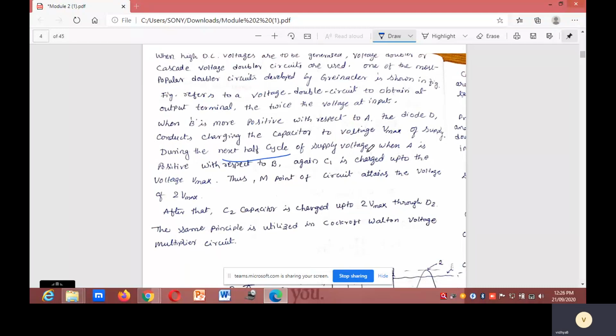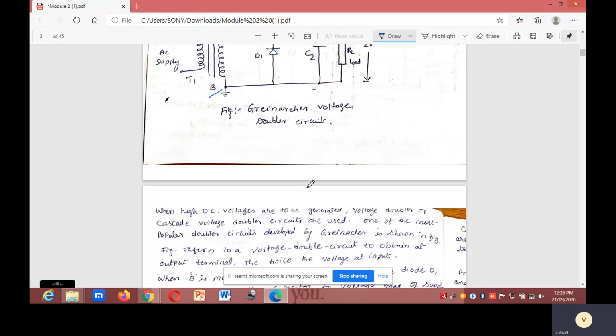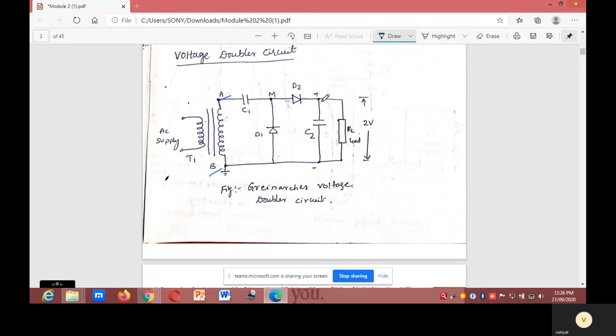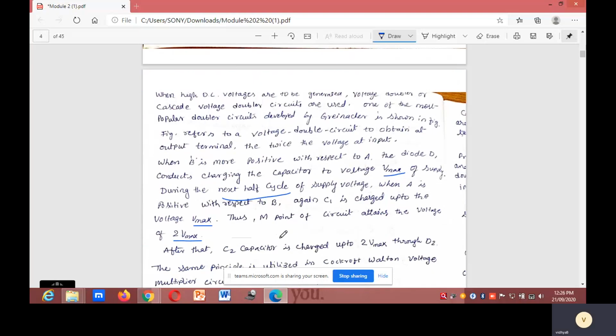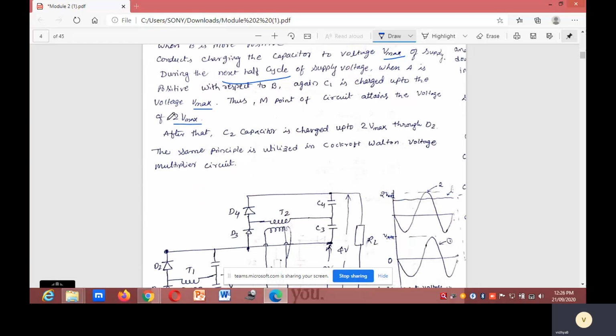In the next half cycle of the supply voltage, when A is positive with respect to B, C1 is again charged up to the voltage Vmax. That Vmax plus the supply Vmax gives the output 2 Vmax at point M. The point M of the circuit attains the voltage of 2 Vmax. After that, capacitor C2 is charged up to 2 Vmax through D2.